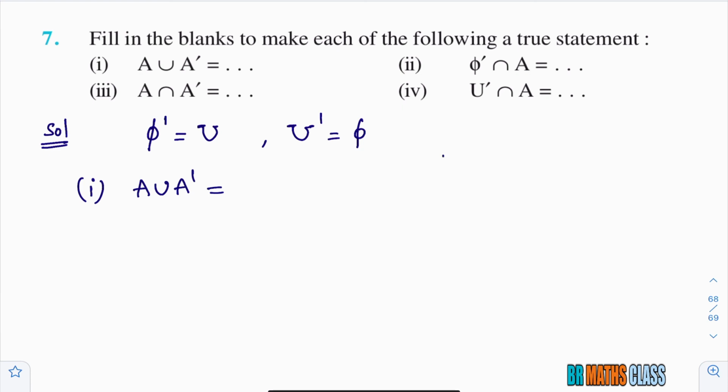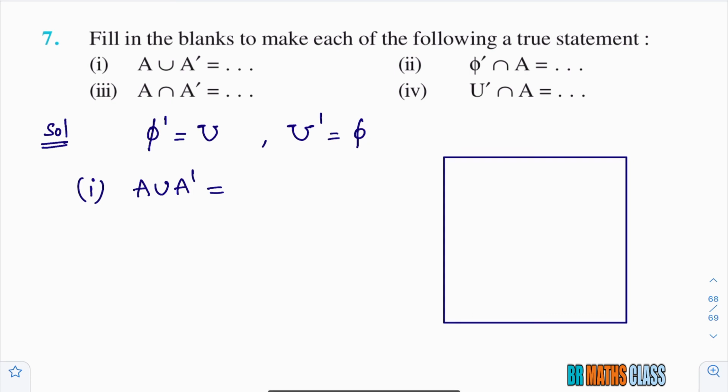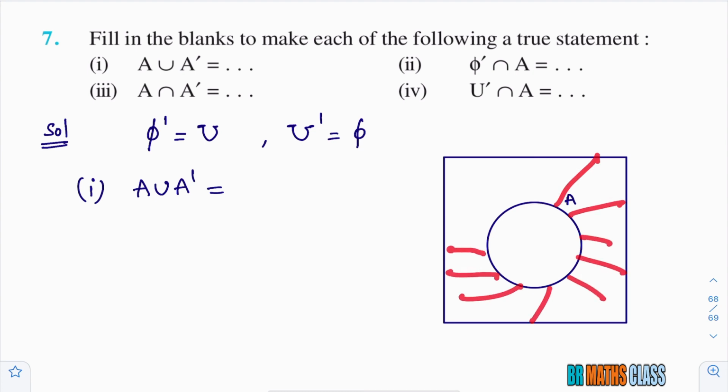Here, I'll try to explain this with the help of a Venn diagram. I'll draw set A. Suppose that this is set A. Where is A dash? A dash means this part, not A. A union A dash means what?